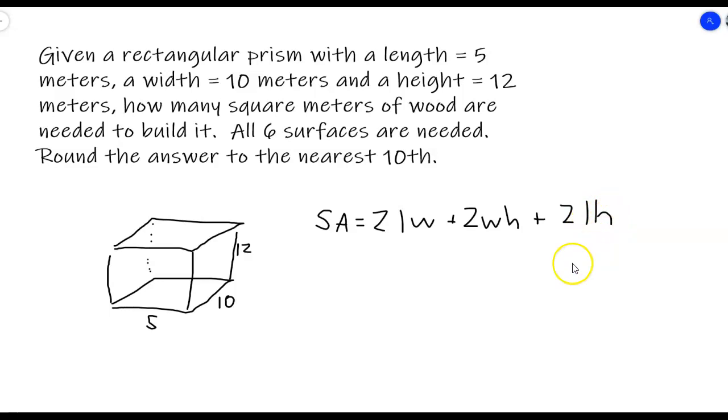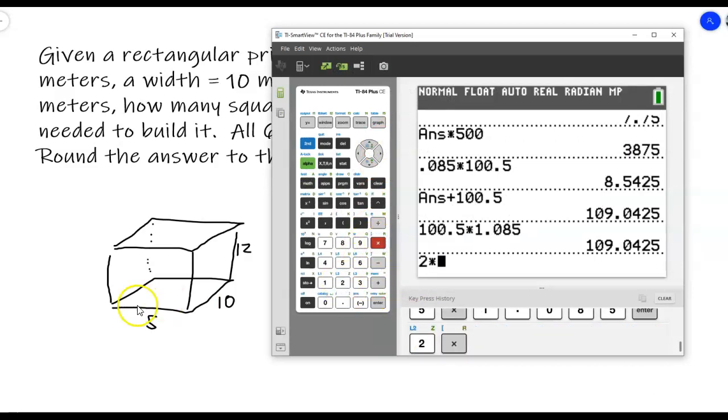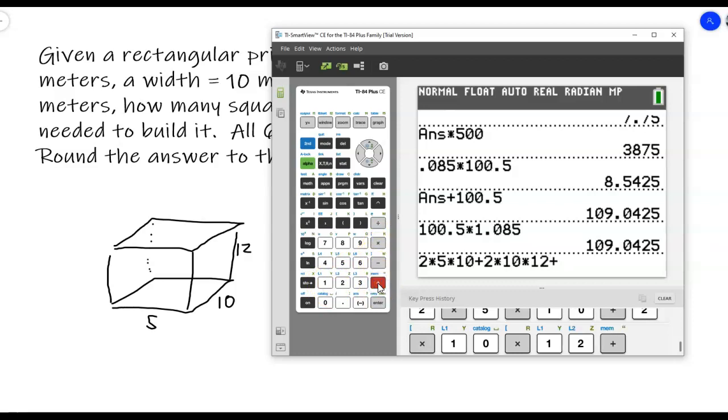So here's the formula that we have, and then we're really just plugging it in, and I can do that in my calculator. So this is going to be 2 times 5 times 10, plus 2 times 10 times 12, plus 2 times, and that would be 5 times 12, the last pair.